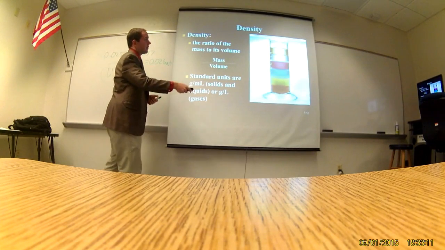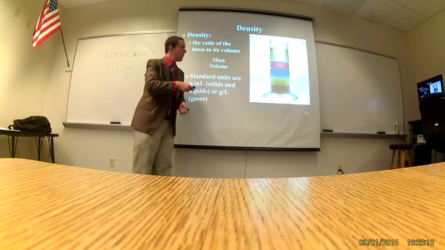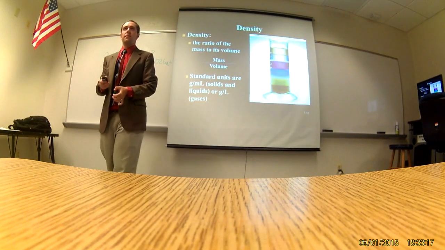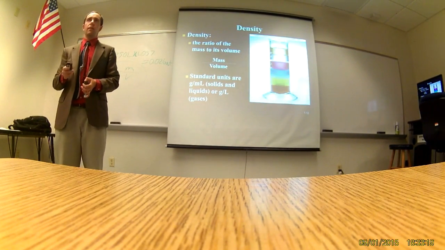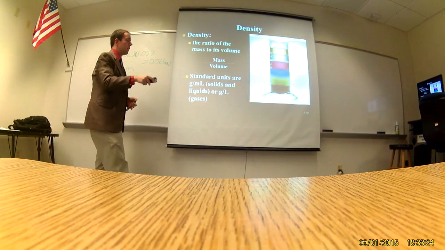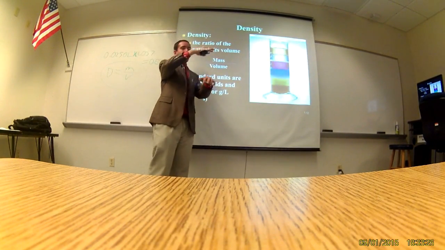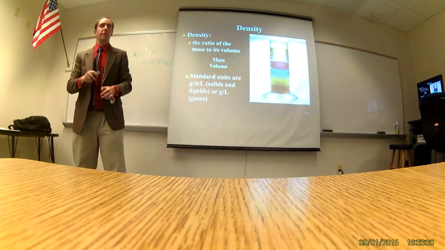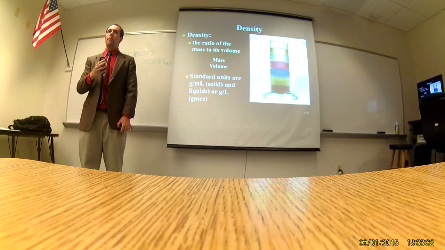So looking at this graduated cylinder, we have these layers here. Why are they separated? What about density? They're all different densities, so they find their own level based on their density. Which one of these layers is the most dense? The bottom.